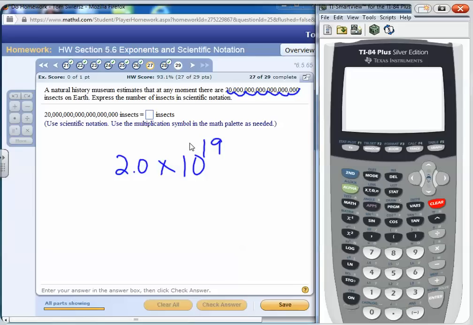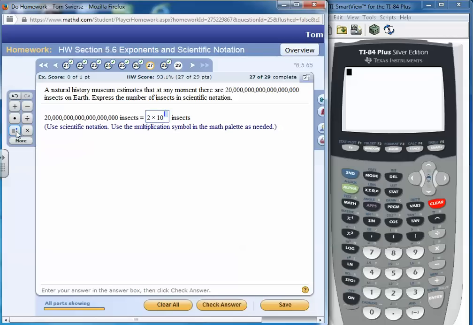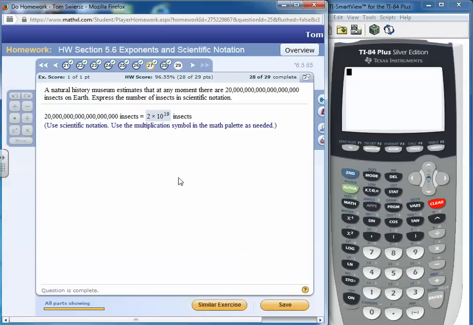It's a large number, so it's a positive exponent. You could just put 2 or 2.0, either one, times 10 to the 19th power, and that indeed is our correct answer.